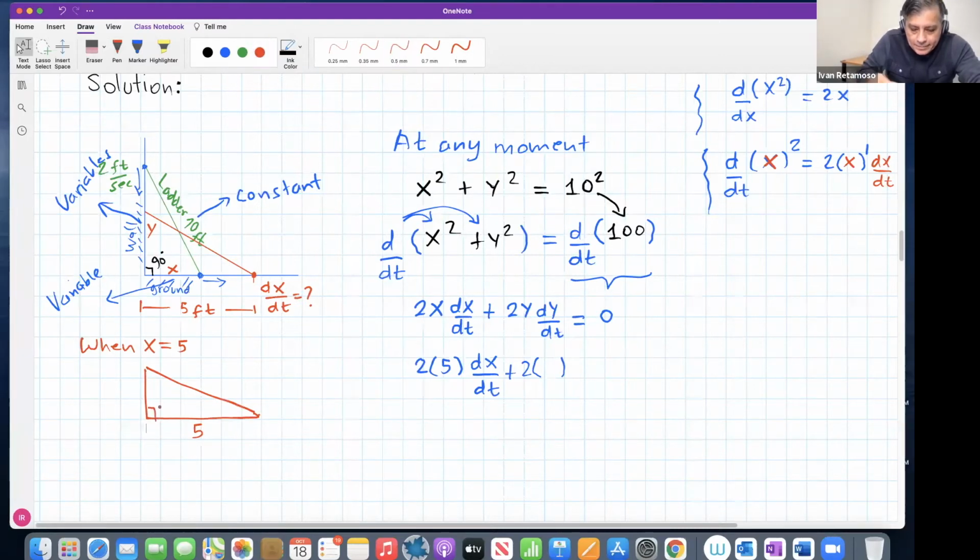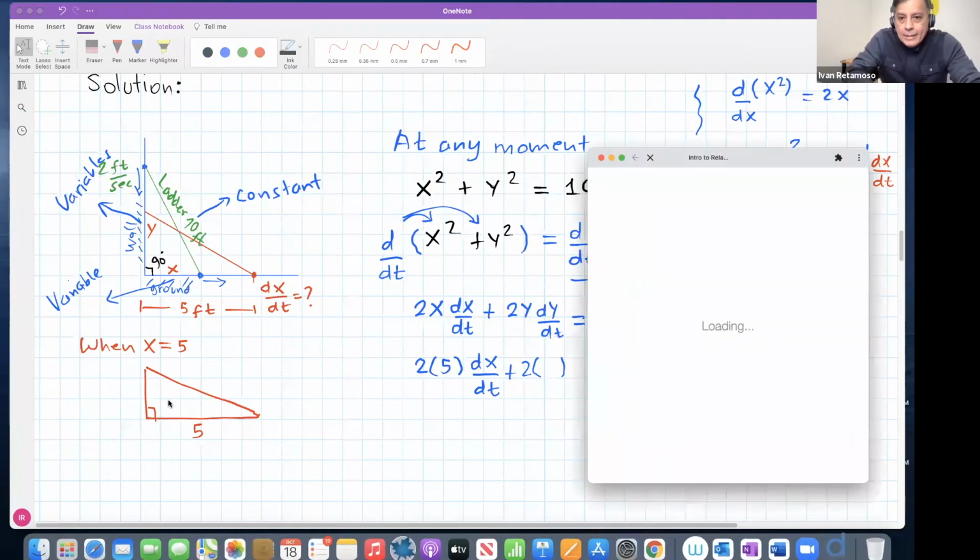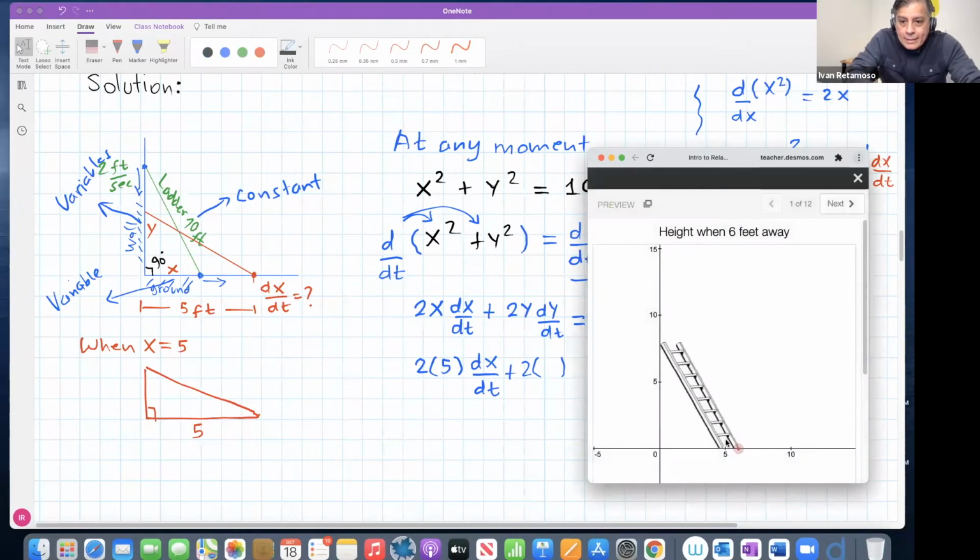Remember, this ladder is falling, but when it reaches 5, right there, they want you to answer the question. So right there, this is 10, this is 5. It's possible to find this with the theorem of Pythagoras, so let's do it.